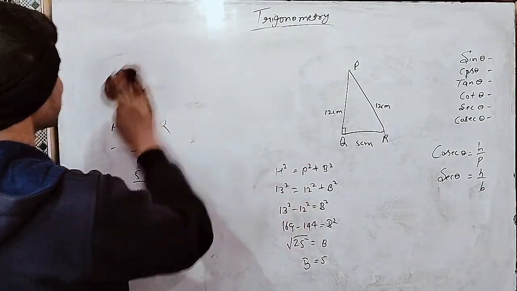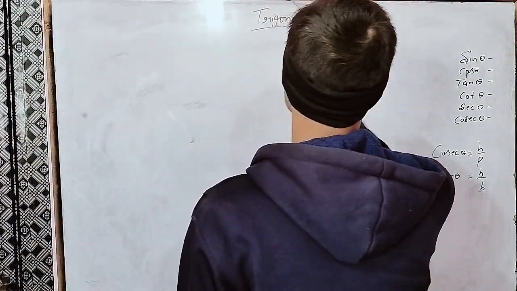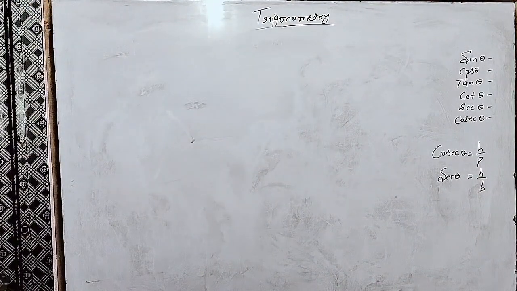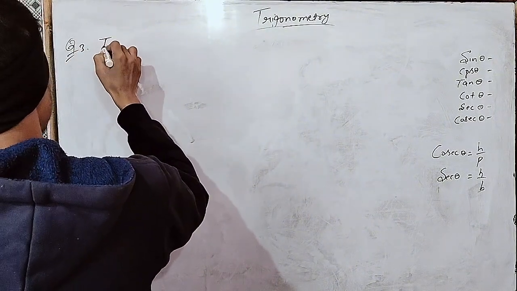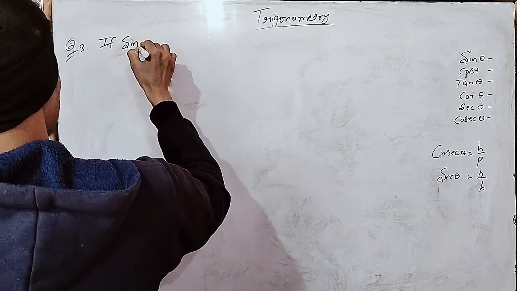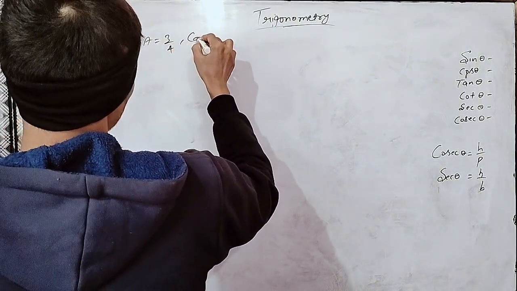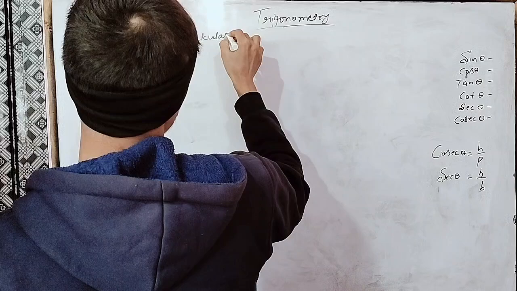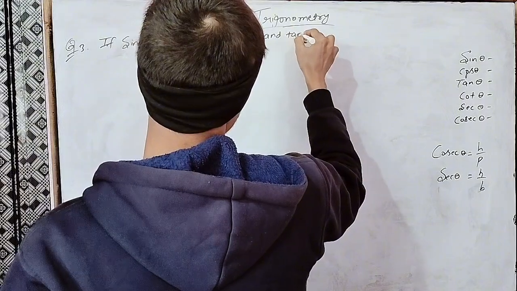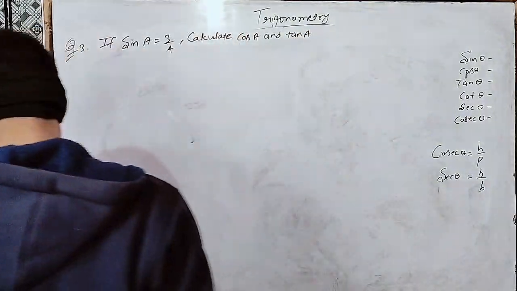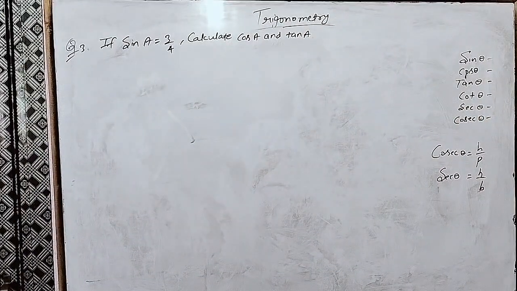Question number 3. If sin A is equal to 3 by 4, calculate cos A and tan A. Can you solve it?